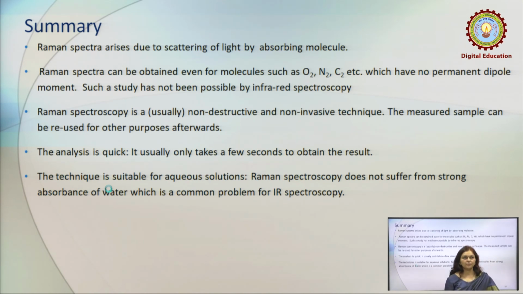Raman spectroscopy is usually a non-destructive and non-invasive technique, and the measured sample can be reused for other purposes afterwards. It is a very quick process and takes a few minutes to get the result. This technique is suitable for aqueous solution, and Raman spectroscopy does not suffer from strong absorbance of water, which is a common problem for IR spectroscopy.